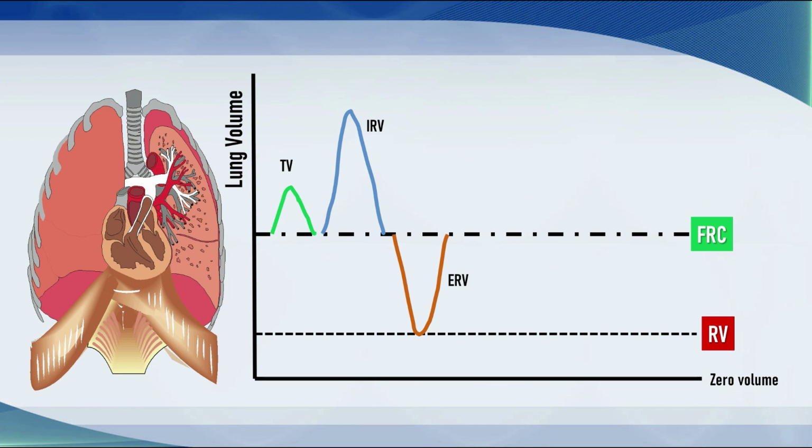Airway closure occurs between functional residual capacity and residual volume. The volume between FRC and residual volume in which closure occurs is known as the closing volume, and the closing volume plus the residual volume is known as the closing capacity.